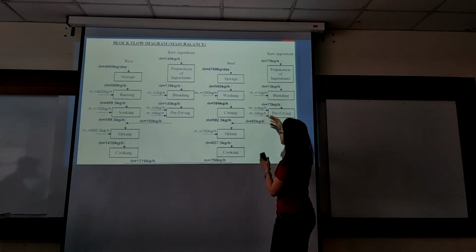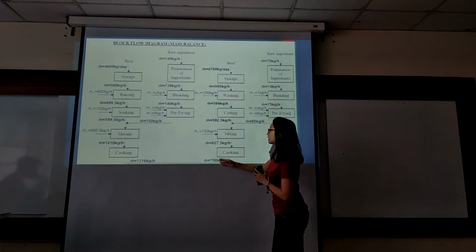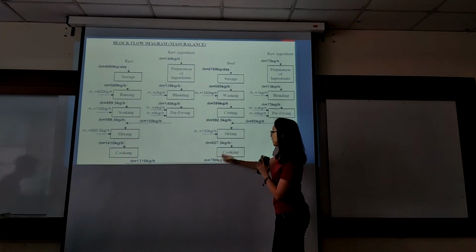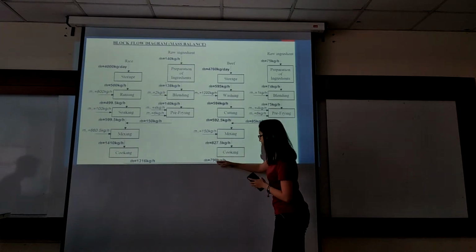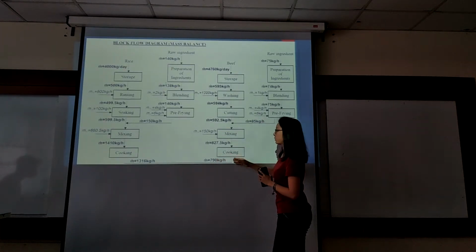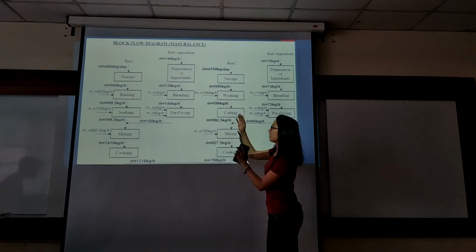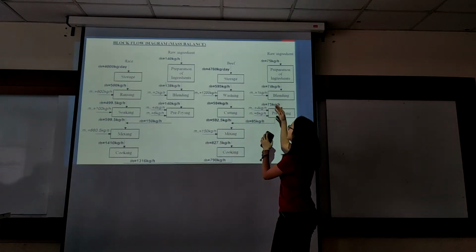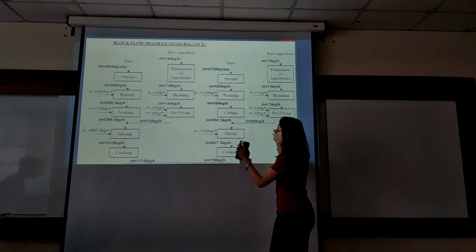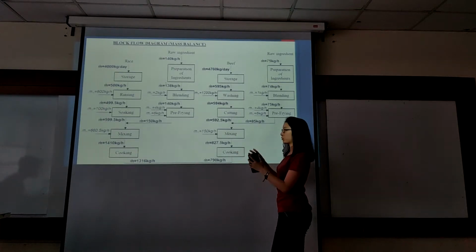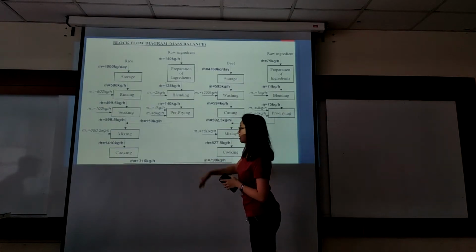And then the mass balance we calculated, and the last one is the production of beef after cooking, which is 790 kg per hour. So after production of rice and production of beef, these two come together into the filling process, and then we will undergo packaging.